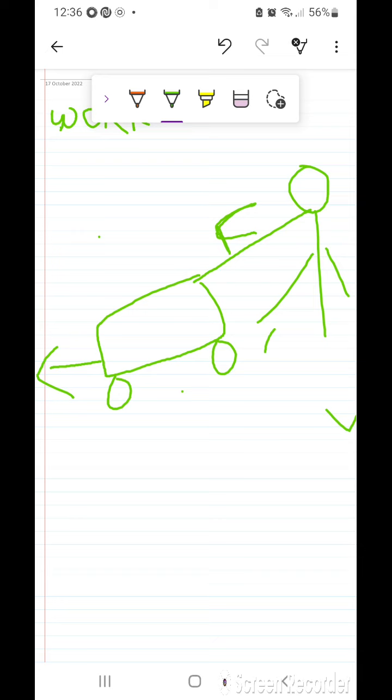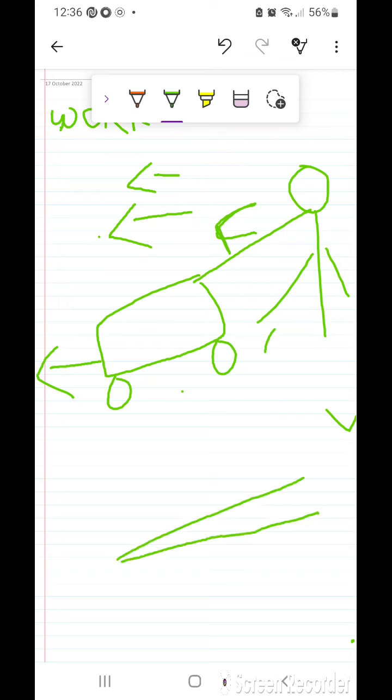Do you think in this case also the work is 0? No. Why is it not 0? Because the force is applied on this side, and the displacement is also on this side. Force is in this direction, displacement is also in this direction. There is just a difference of height, we can say. So the angle is not 90.